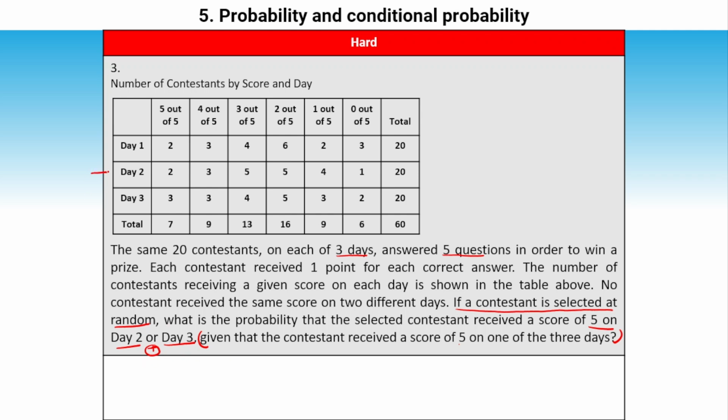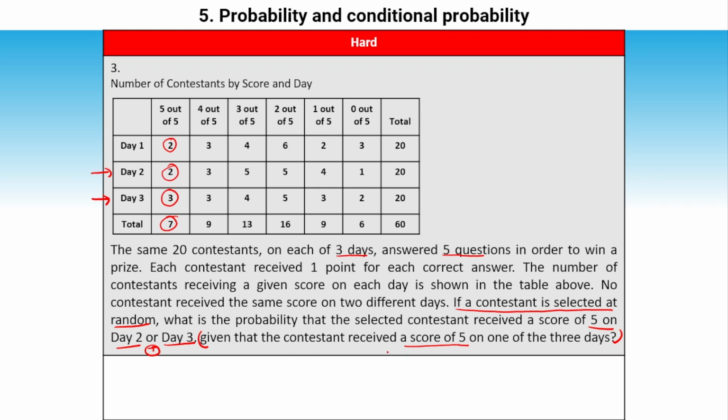So they should receive a score of 5 on one of the 3 days, right? Here you can see, on day 2 they get 5 out of 5, that means they at least get 5 out of 5. We can see here also, 5 out of 5, 5 out of 5, 5 out of 5, that means total is 7.